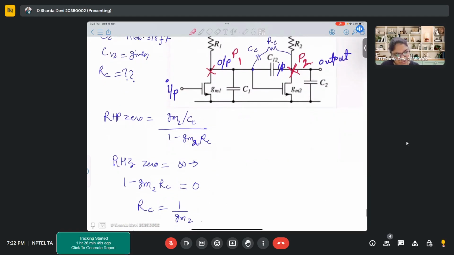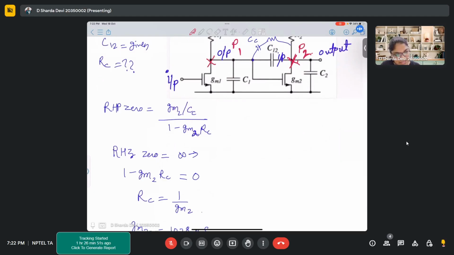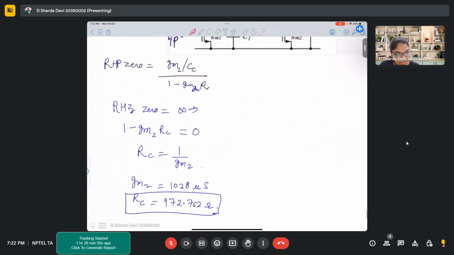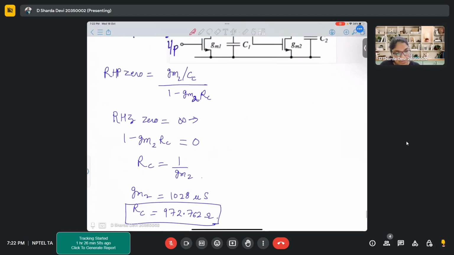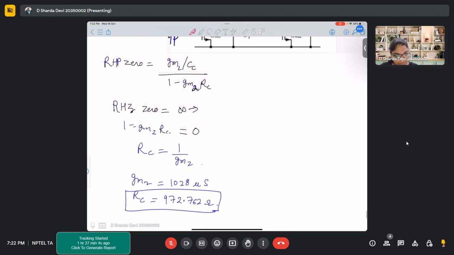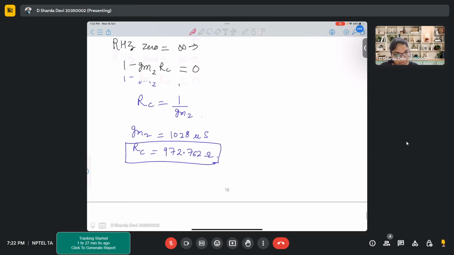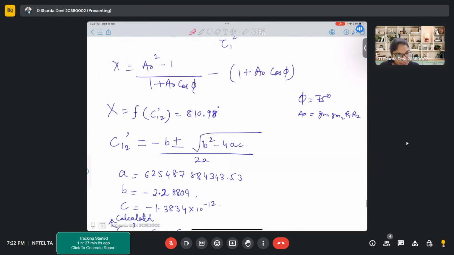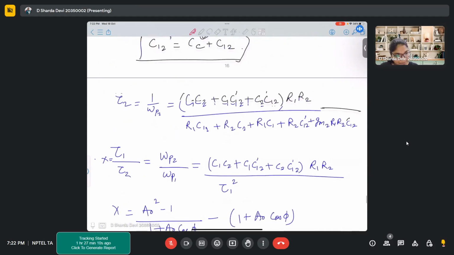Ultimately zero is like gm by Rc, gm by C. The resultant that you see is gm upon C, and it is also like 1 upon RC. In those terms only you will get the values. Maybe you can look into it, but this was the compensation capacitor value.